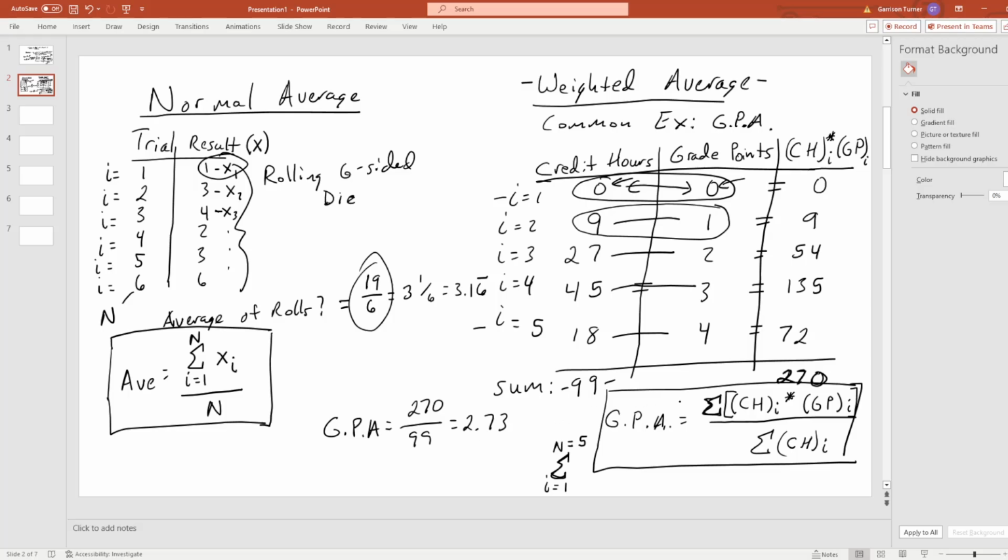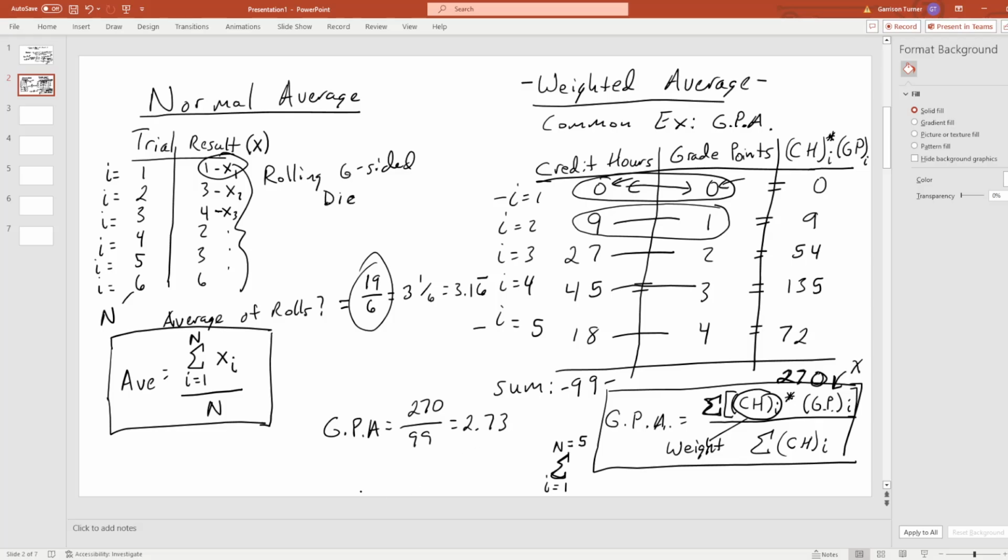Now, in statistical jargon, the reason we call this a weighted average is because you're finding the average of a quantity times that quantity's weight. So the credit hours here are your weights. My grade points at each index, 0, 1, 2, 3, and 4, are weighted by how many credit hours I have at each of those levels.